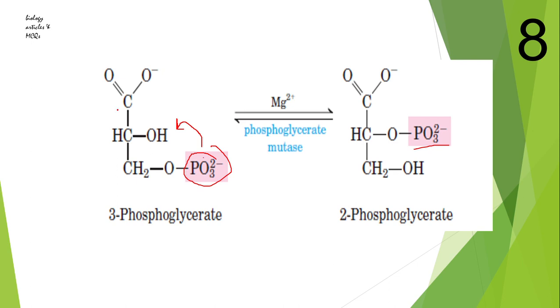All the other structure is the same: COO is attached, CHOH is the same, and then CH2O. All the other structure is the same. There is just the transfer of the phosphate group from the third carbon atom to the second carbon atom by the use of an enzyme, phosphoglycerate mutase.